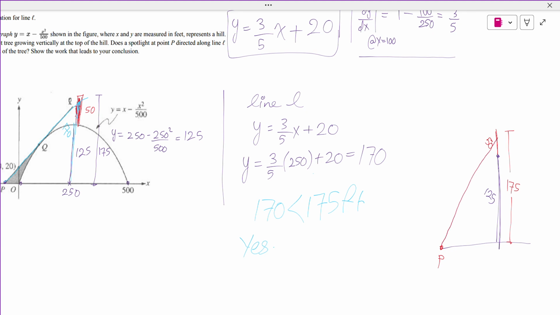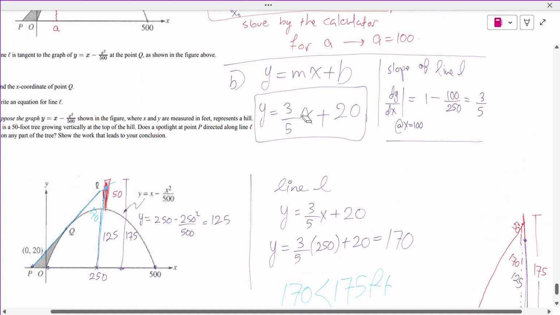So will it touch the tree at any point? Yes, because this height, which we found using the equation of line L, is 170. So 170 is less than 175. I hope this was clear, because this is the only way it can be done. Good luck.